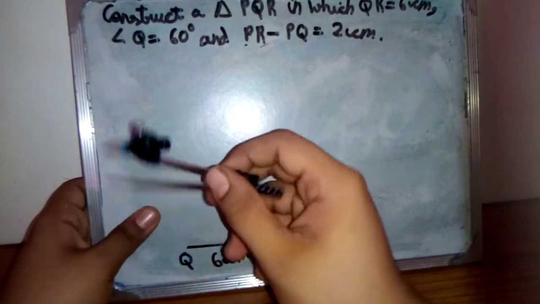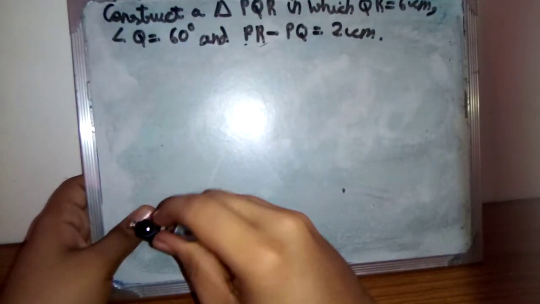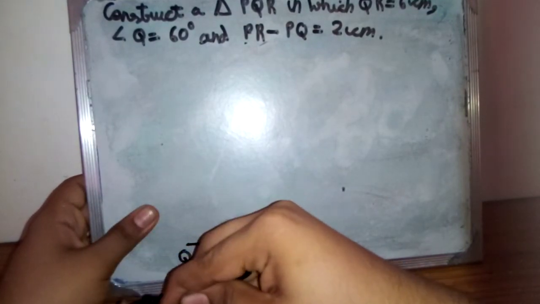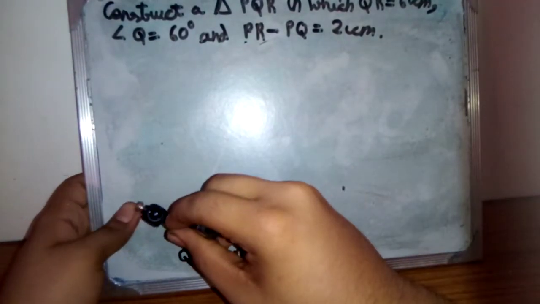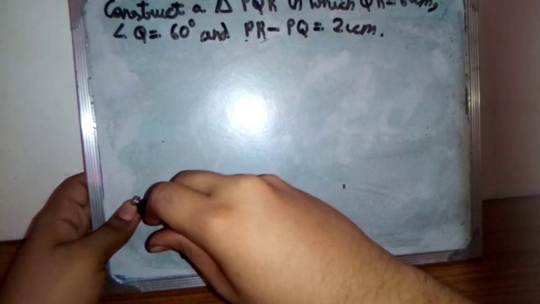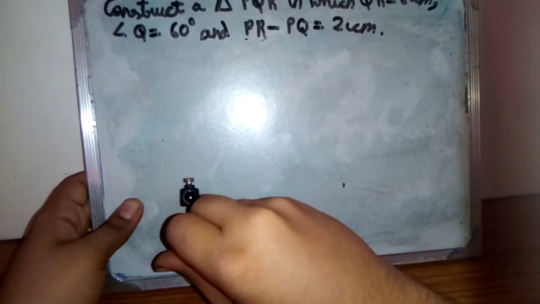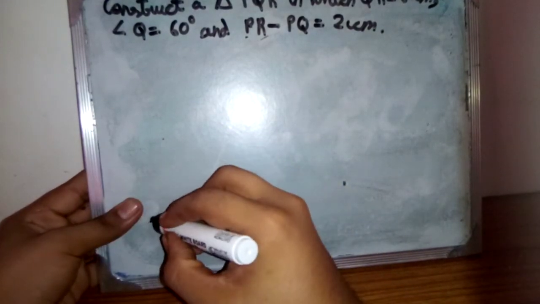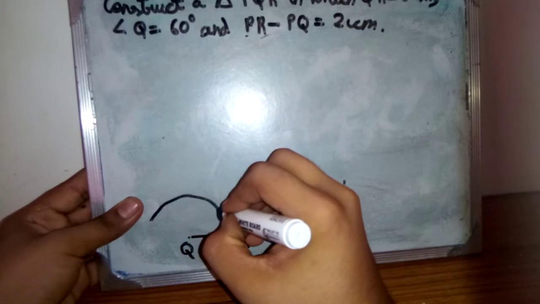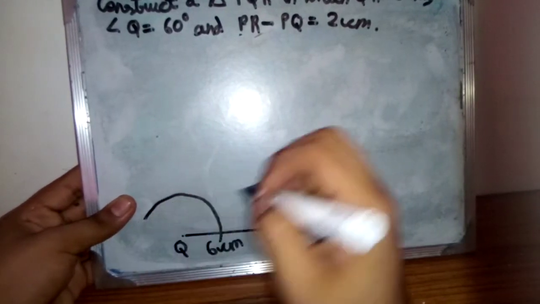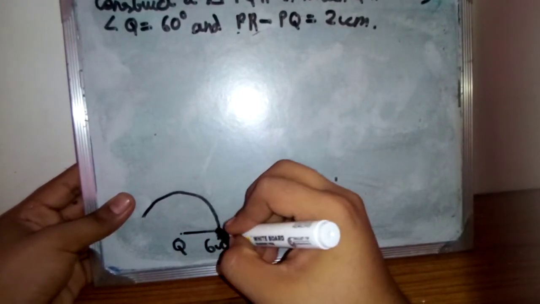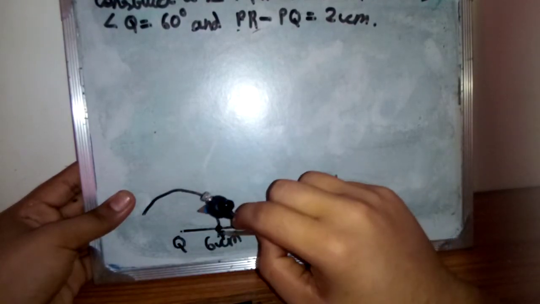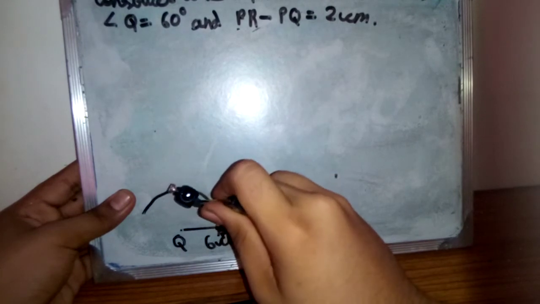Now take your compass with any radius and draw an arc. We are making an angle of 60 degree right now, which is the given base angle, and then keep your compass at point A and intersect the previous arc.